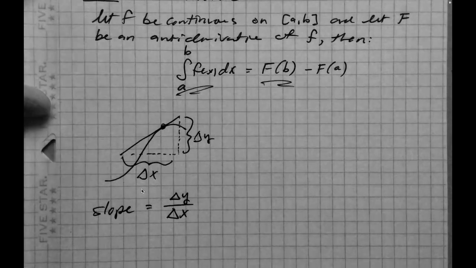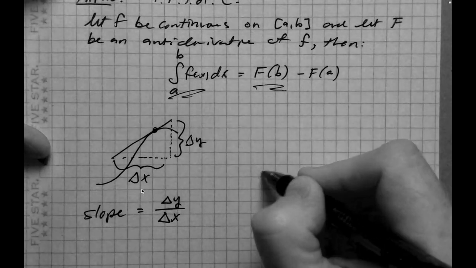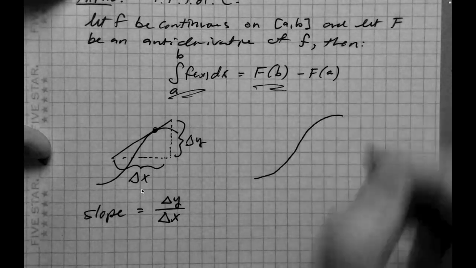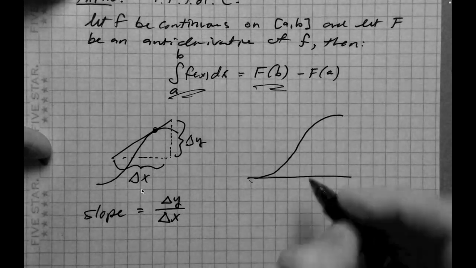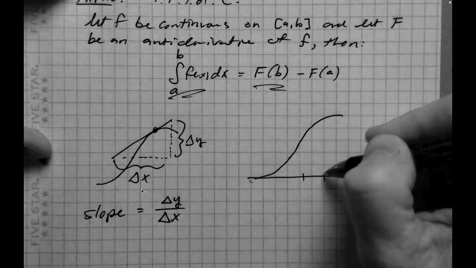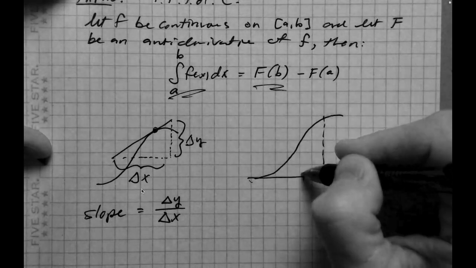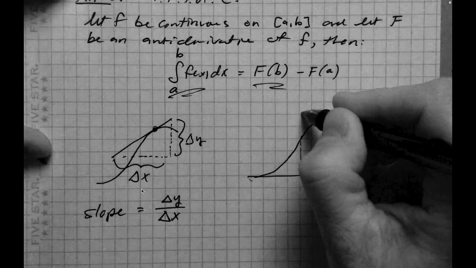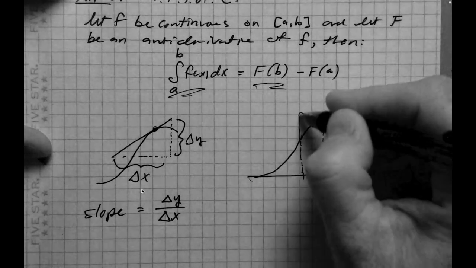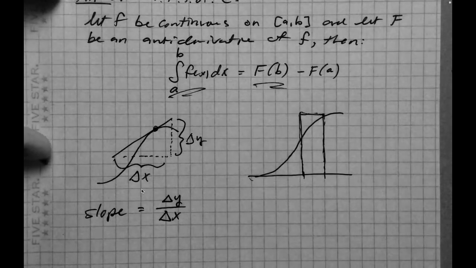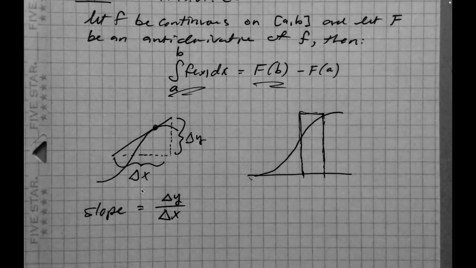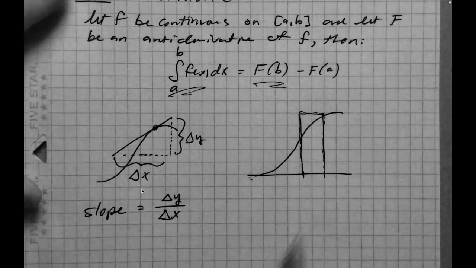Now when we come to the definite integral, let's say we have another function, and what we're interested in is the area, right? So maybe there's an x-axis here, and you've got some interval, and what we do with definite integrals is we generate some sort of rectangle, using whatever method, either lower sums, upper sums, Riemann sums, whatever the case may be.